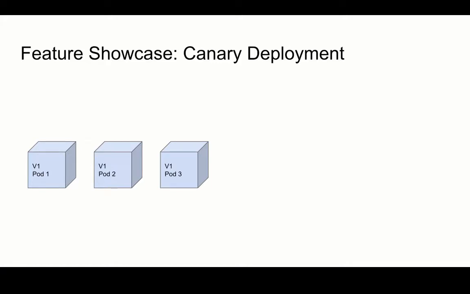And here's another deployment strategy that you're able to do with Kubernetes, very powerful declarative deployment. So canary deployment is when you want to try out the latest version of your application, but you don't want to spend a lot of resources for it.